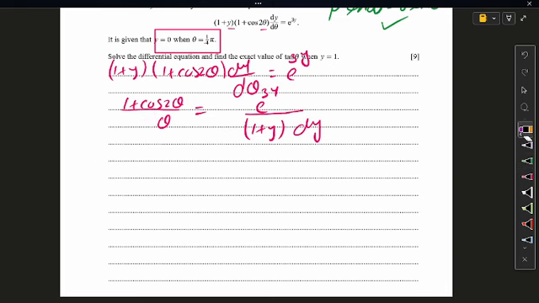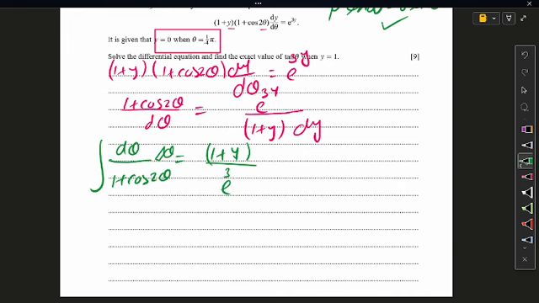Taking the reciprocal, you have d theta over 1 plus cos of 2 theta, which equals (1 plus y) e raised to the power of negative 3y dy.